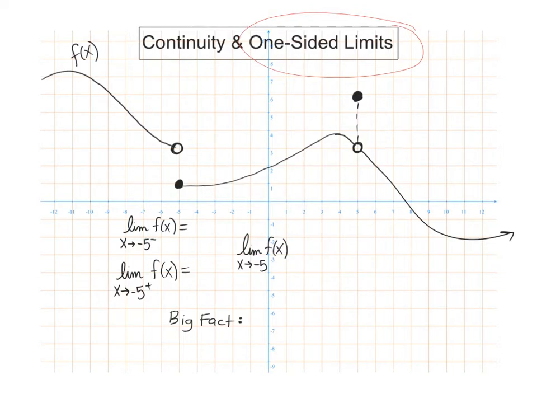So let's connect this all to limits. First of all, a one-sided limit is noted with these little plus and minus signs on the negative 5. This first one says the limit as x approaches negative 5 from the negative side, or from the left.